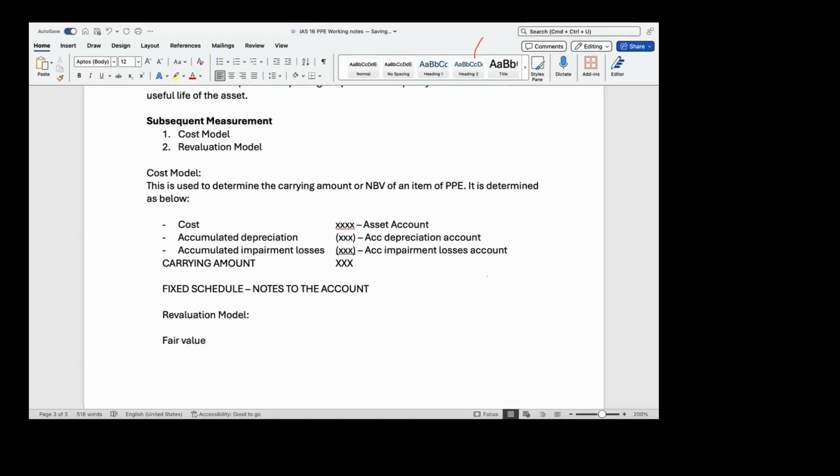This one uses fair value, or let me call it revalued amount, minus subsequent accumulated depreciation, minus accumulated impairment losses.